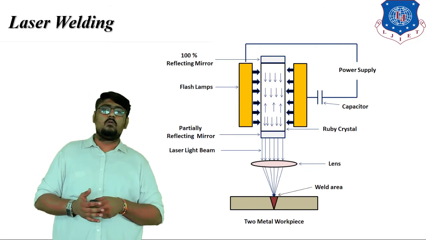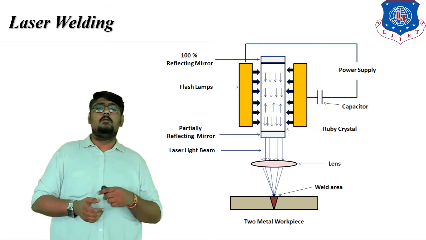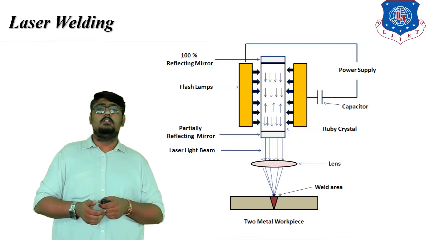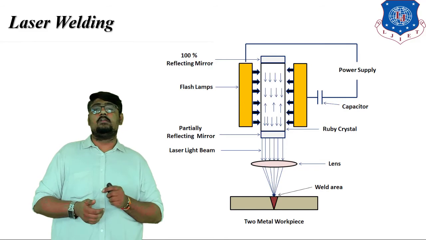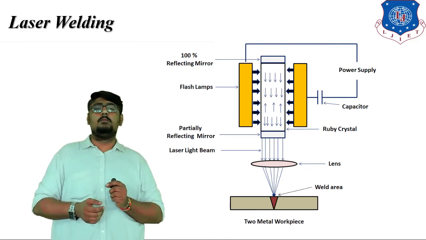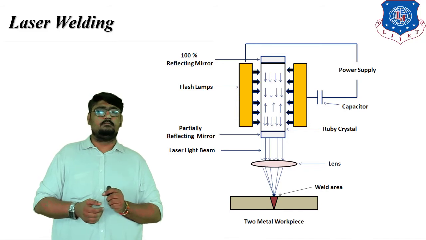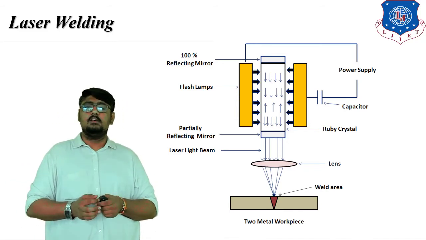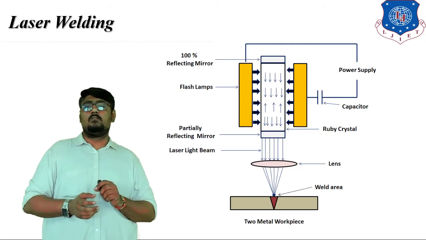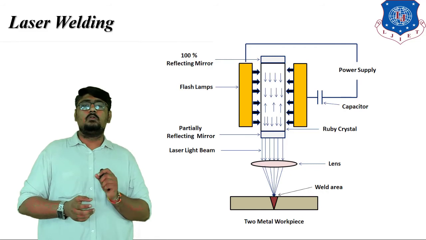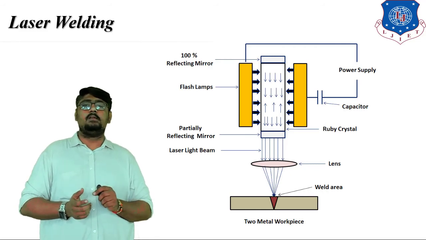The advantages offered in laser welding are consistent and reliable welding, faster welding and a high production rate. Narrow welds with controllable bead size can also be done. What are the applications? The CO2 lasers are used for welding thin sheets and foils. Two dissimilar metals can be welded.